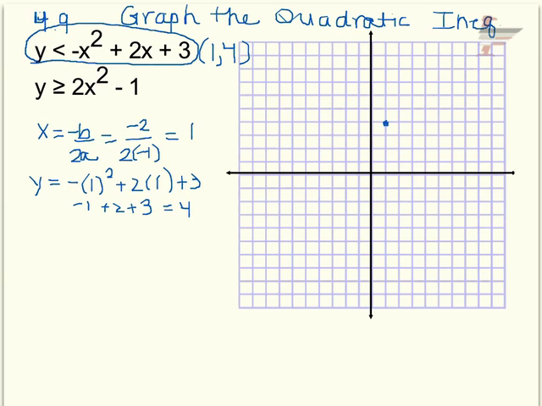So if I go over to 1, 4, and I'll plot a point there, and I know my pattern of change for this one, a is negative 1, so it's going to be negative 1, negative 3, negative 5.